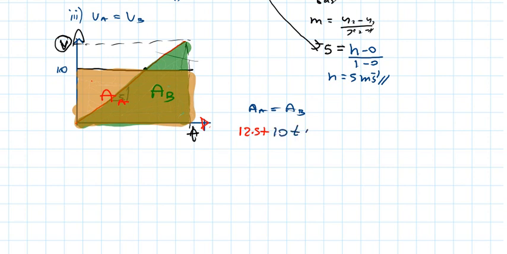In the same manner as here, I am going to find the vertical height: v minus 0 divided by t minus 0. So the equation becomes v equals 5t.